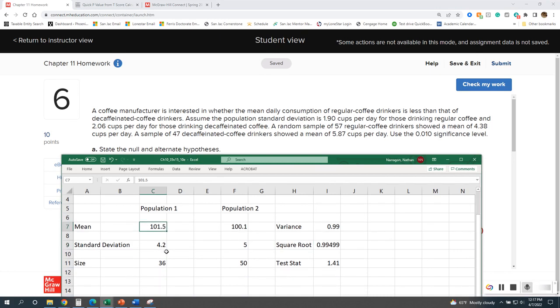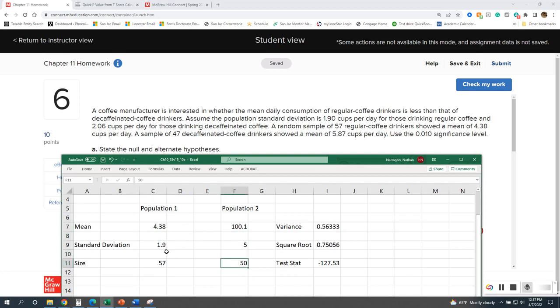So, our Excel, population 1, which is going to be our ones that drink regular coffee. So that we sampled 57. Standard deviation is 1.9 cups per day. And sitting at a mean of 4.38.